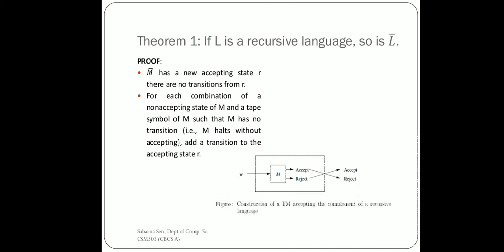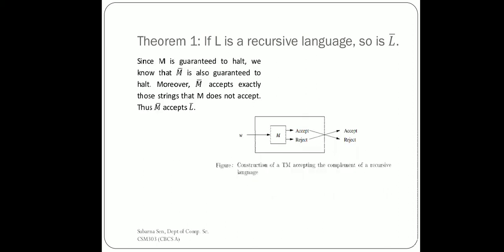Since there were no transitions, we add one transition that moves directly to the accepting state R, right? Why are we doing this? Because in the original machine there were no transitions for those states, so they were not contributing. Since we have converted those to accepting states, that will go to the accepting state.